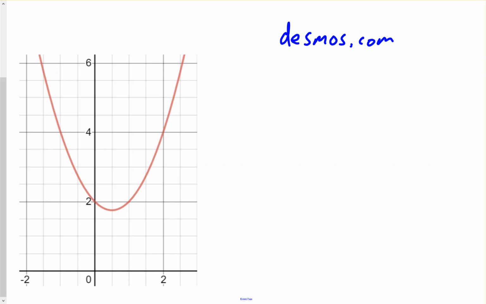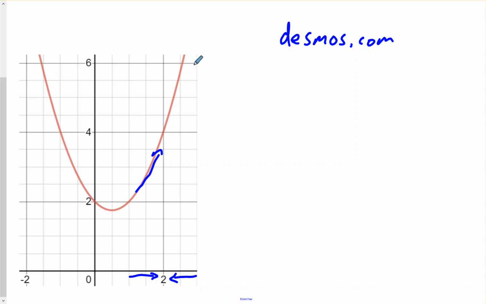This is what it looks like. As x is approaching 2 on our x-axis, what's going to happen to the function? It appears that as x approaches 2 from the left, the function goes like that.